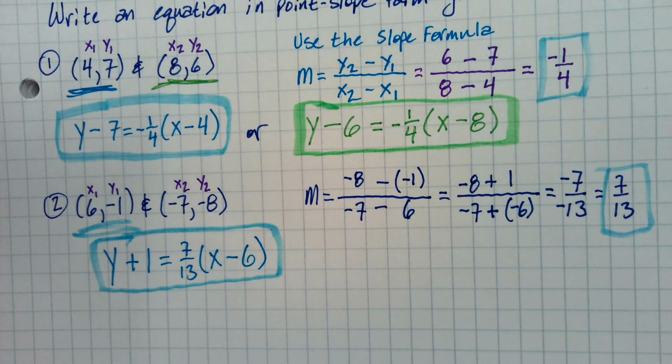So let's go to Delta and put in this equation. Y plus 1 equals 7/13, parentheses, x minus 6. Okay, so let's do it. Over here, this is example number 2. Y plus 1 equals 7/13, parentheses, x take away 6.